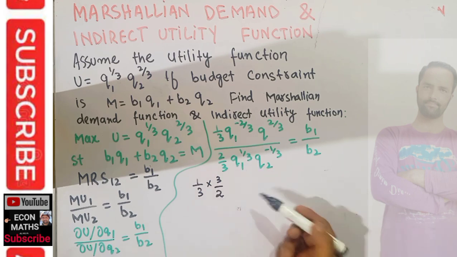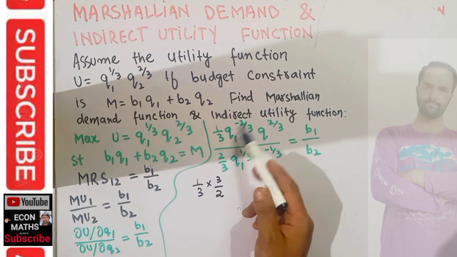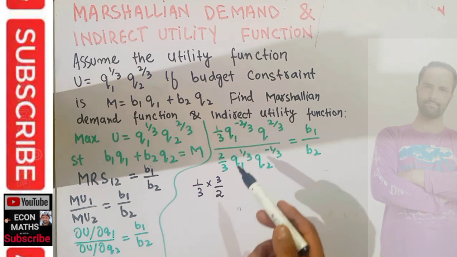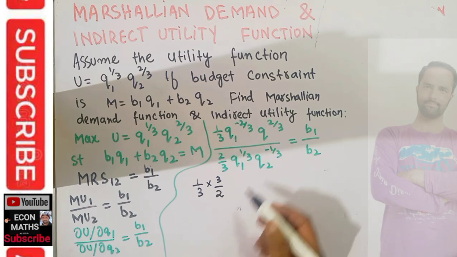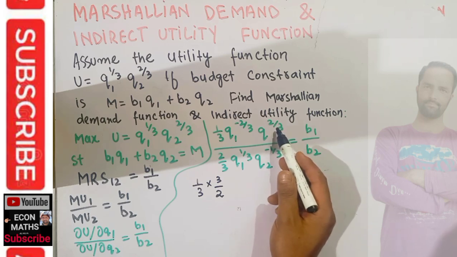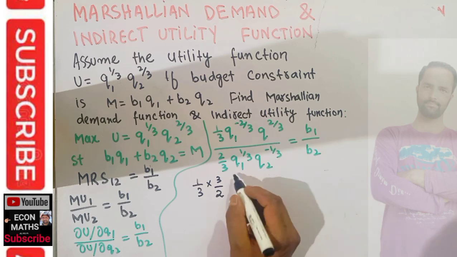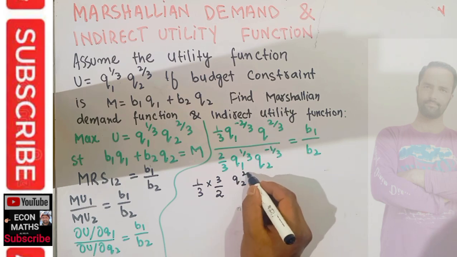Now here I will do one thing, let's move this Q1 raised to the power minus 2/3 to the denominator, and this Q2 raised to the power minus 1/3 to the numerator. So here you can see it will become Q2 raised to the power 2/3.